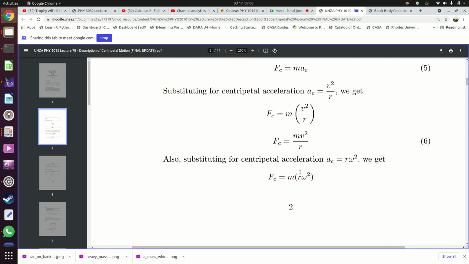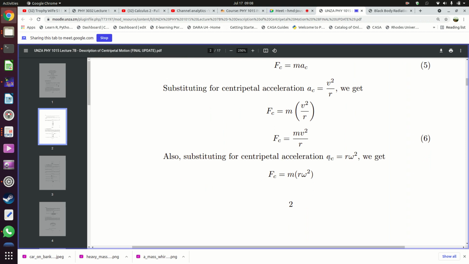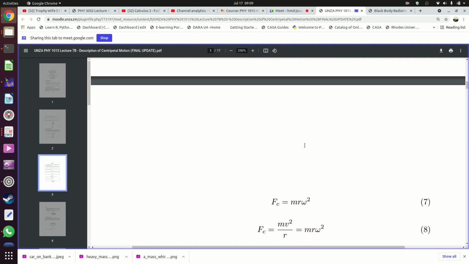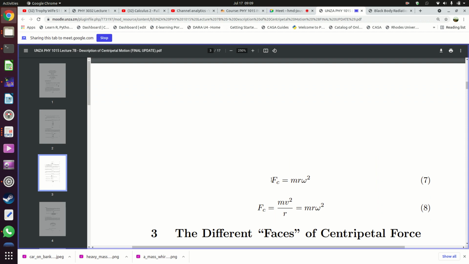That's the first thing. We have also seen that the centripetal acceleration AC equals the radius of the circle multiplied by the angular velocity squared, which is how fast this particular object is moving in a circle. If we do that substitution here also, we have another expression of the centripetal force, equal to the mass multiplied by the radius times omega squared.